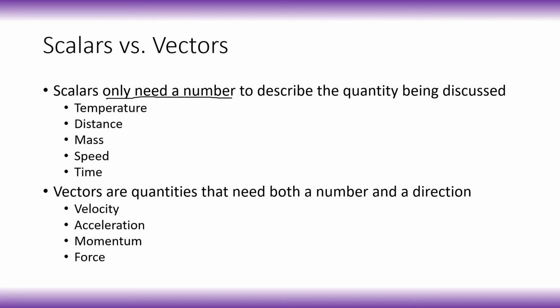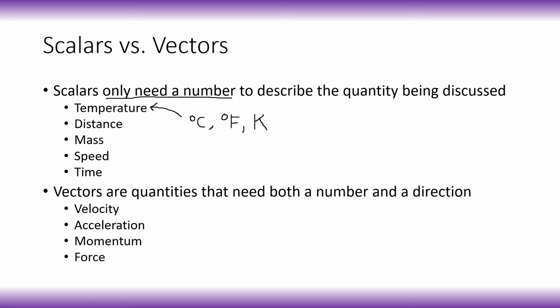So for example, most things that you'll use in physics have these units attached to them. Temperature will be measured in degrees Celsius or degrees Fahrenheit or Kelvin. Now, just a little fun fact, it's not degrees Kelvin, it's just Kelvin.